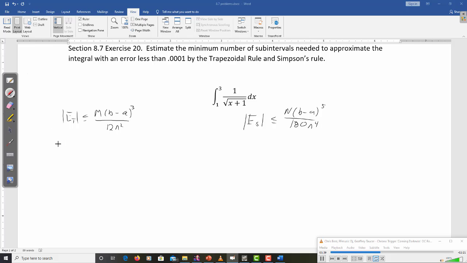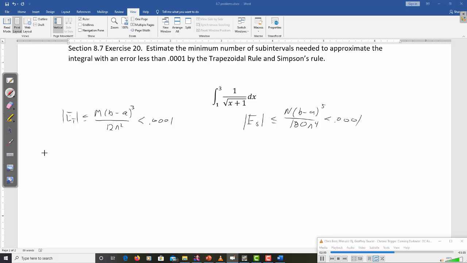We'll call this n because it's going to be a different number. We do want to bound these, so error less than 0.0001. We've got to do some scratch work here first, because we need to know what these M and n's are.